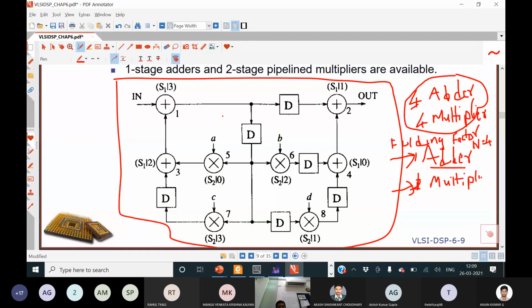If you observe this original DFG, the first node, notation 1, is associated with the adder, similarly 2, 3 and 4. So 1, 2, 3, 4 are adders, and 5, 6, 7, 8 are multipliers.